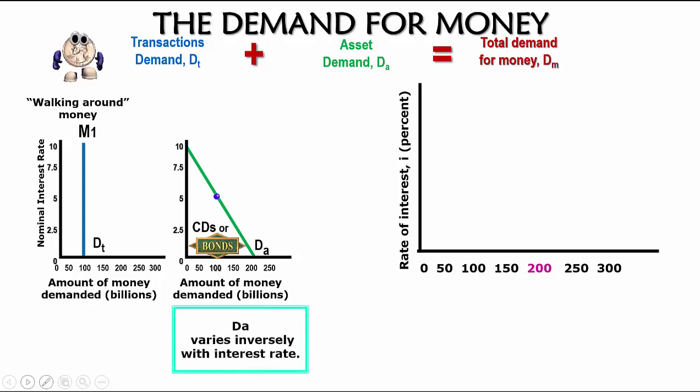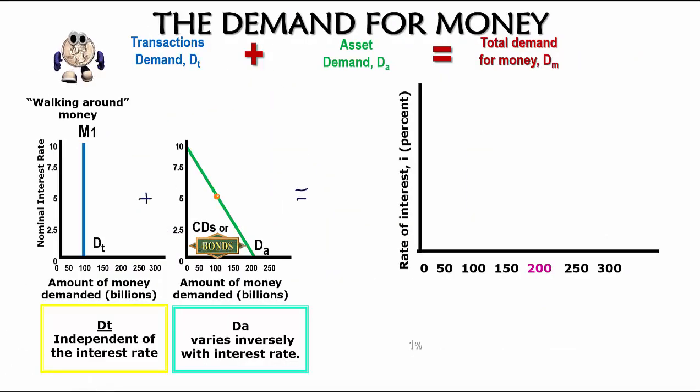So remember, we have our transaction demand for money, that's the money we spend, and we have our asset demand for money. When we put these two together, it's going to give us this total demand for money curve. So let's do this on the next slide and answer some questions as we do it.